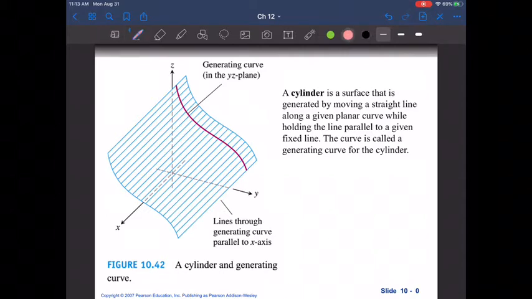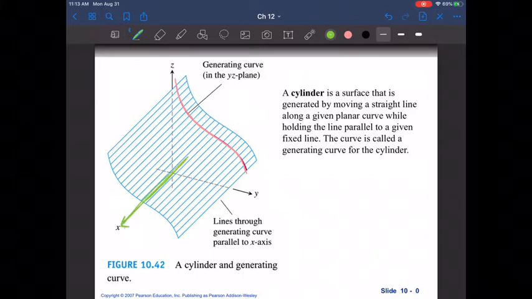So if we look at this one here, this would be our generating curve right here, this red line, like we were looking at a piece of paper, okay? And then we would have a line that we would want to move along and stay parallel with. In this case, the line we could look at would be something like the x-axis, which is what they're using. So let's say we have this x-axis here.